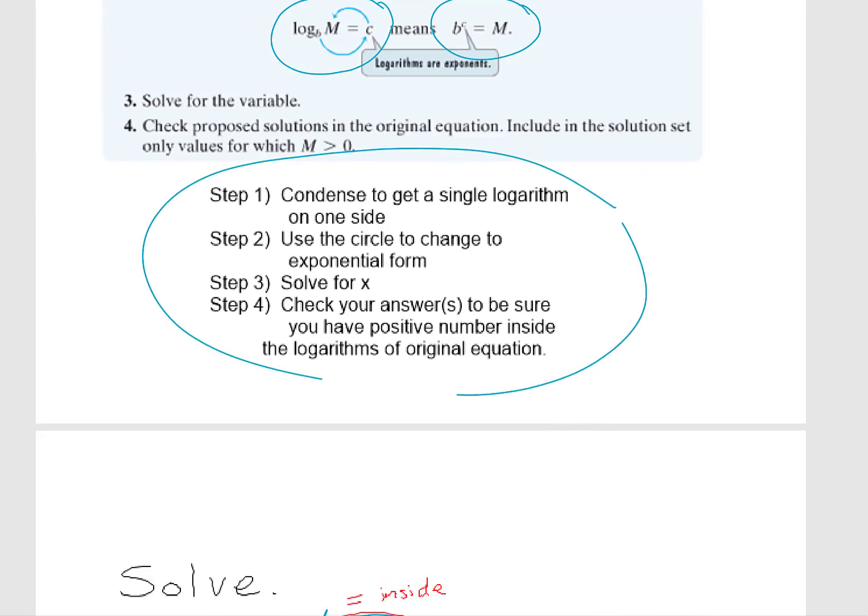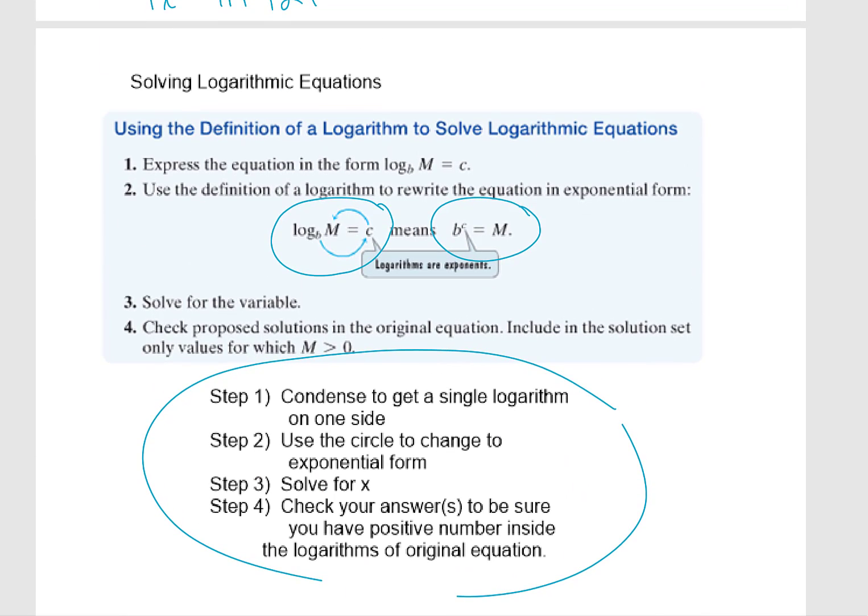Also, something I didn't address back here, it specifies that I have to check my proposed solution, right? Because you cannot have, notice where m is, right? So that's the number that we're taking the log of. That number has to be greater than 0. So once I solve for m, and change it to exponential form and I get m, I have to make sure that that portion is greater than 0.